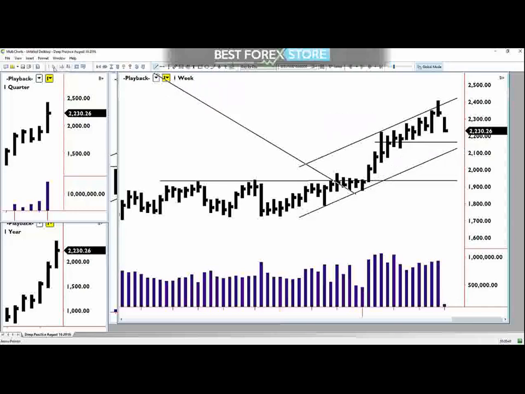Let's see if I can understand what you're saying. Like this. Yeah. Okay. Yeah, possibly. Possibly. All right. High volume wide spread bar that closed poorly, the high of this. Up in here.